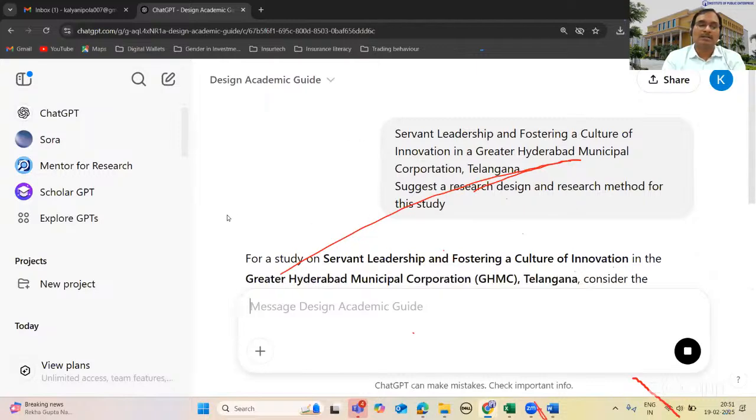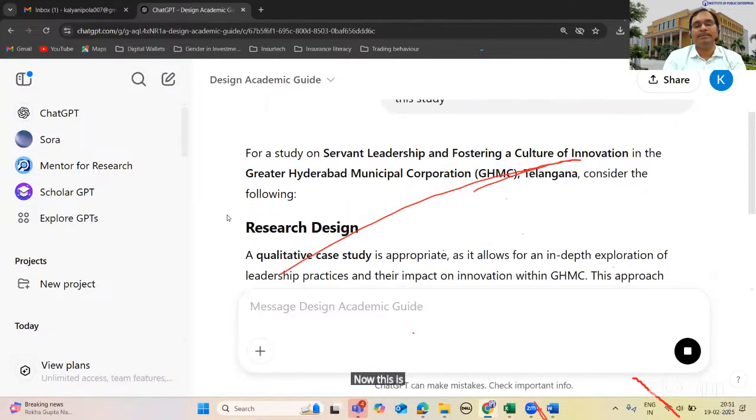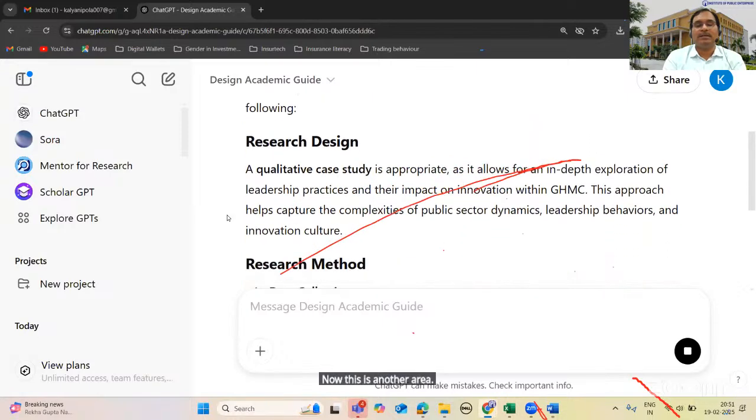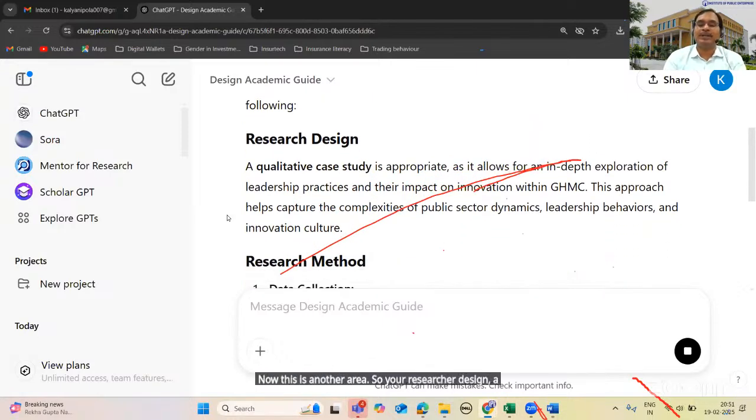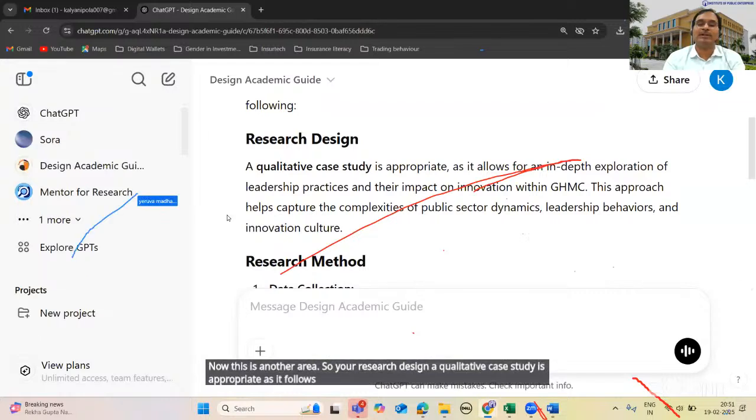Now this is another area. Your research design, a qualitative case study, is appropriate as it allows an in-depth exploration of leadership practices and their impact on innovation within GHMC. Because you are taking a case analysis, case study, it is suggesting you go for a qualitative case study research.